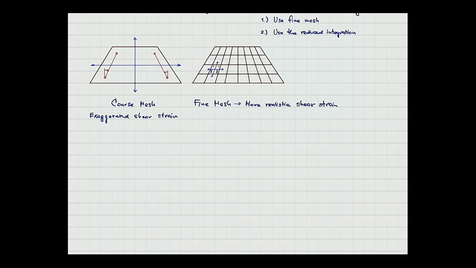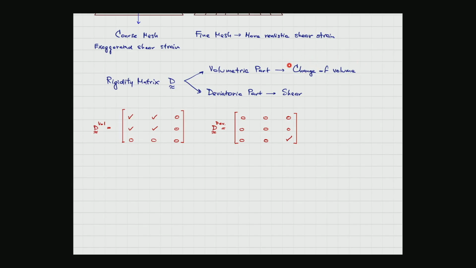So if you think of the rigidity matrix D, that comprises 2 major parts, the volumetric part and deviatoric part. Volumetric part, we talked about the change of volume, and the other part is the shear part.